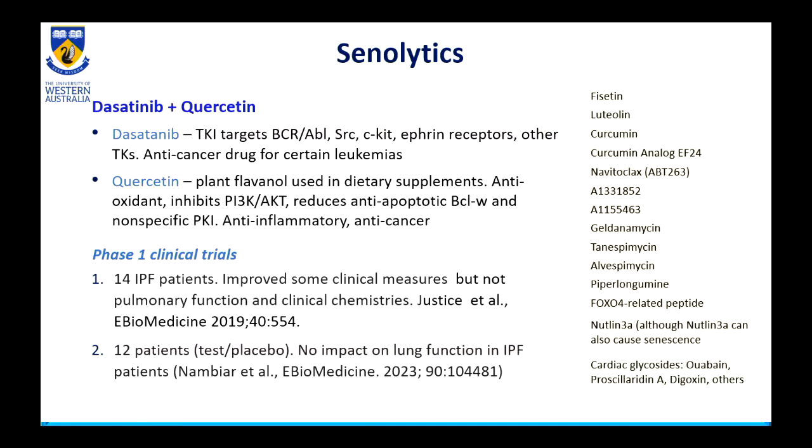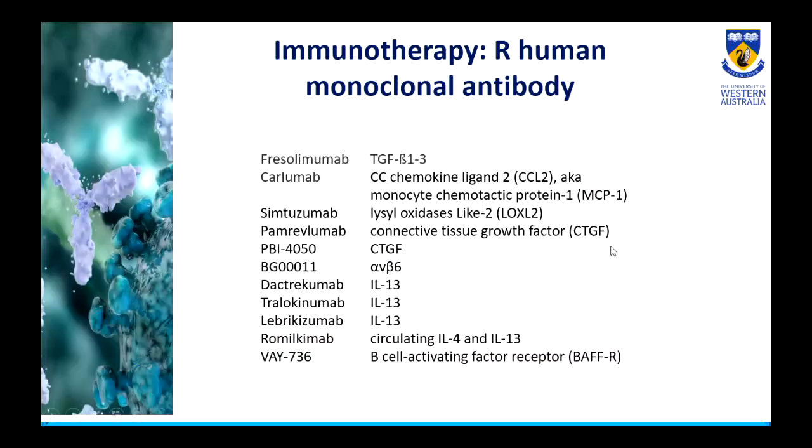But there is a whole range of new senolytic drugs which are yet to be tested, and I'm sure there'll be a lot more developed after this, because we do know that aging-related disease is all about cellular senescence. If we can overcome that, we can also stay young for much longer, if that's the idea. But as far as disease goes, we can get rid of a lot of these chronic diseases if we can overcome this. What about immunotherapy?